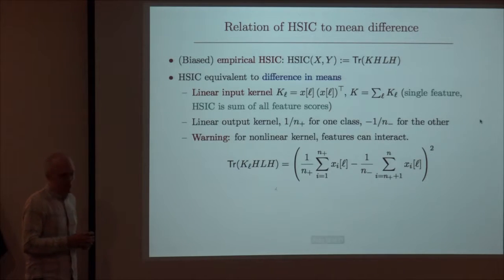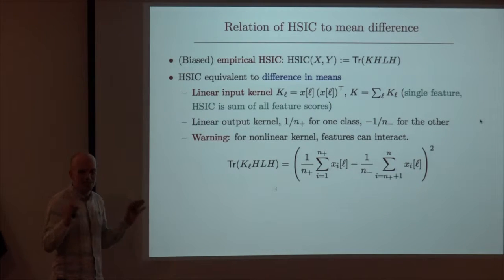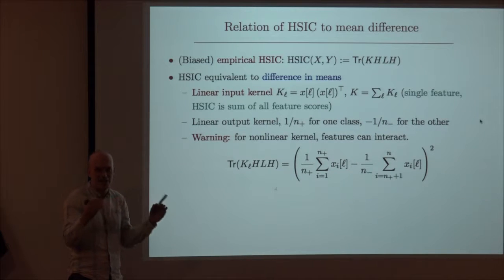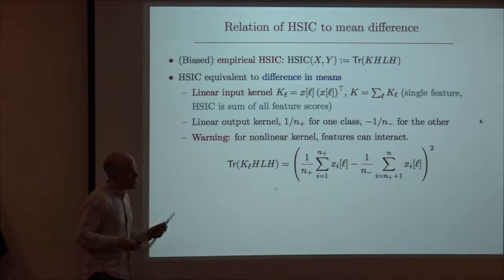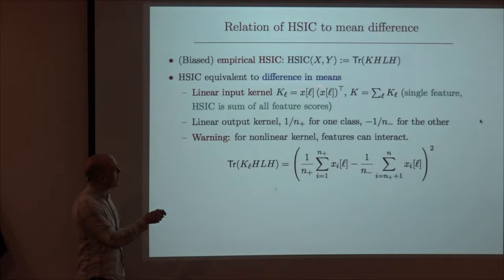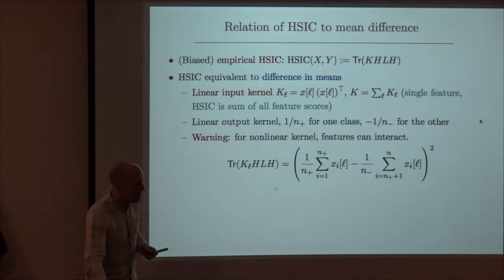So what I'm going to do is use a linear kernel on my inputs. So k on my inputs is now just the dot product: k of xi and xj is just xi transpose xj. Now, if that's the case, then my kernel is just a sum of the kernels on the individual dimensions, right?